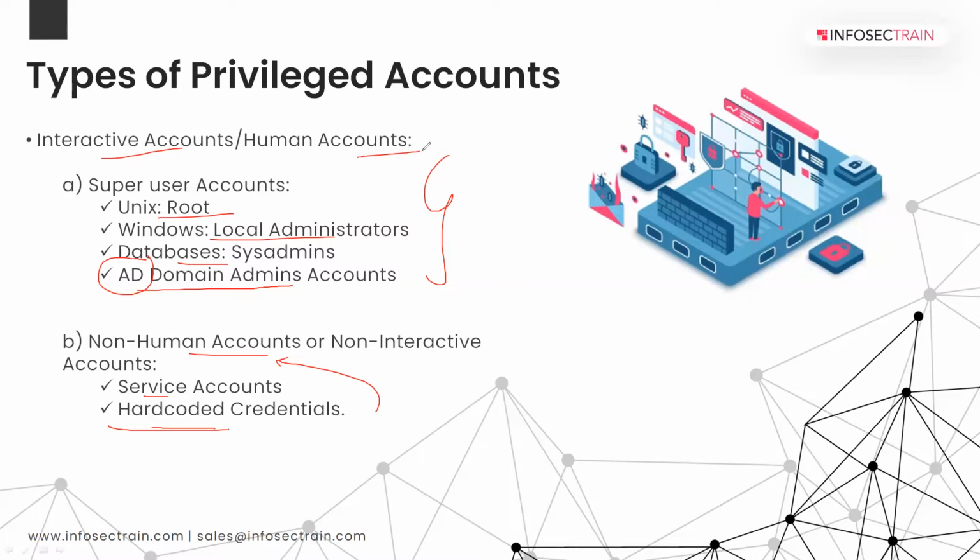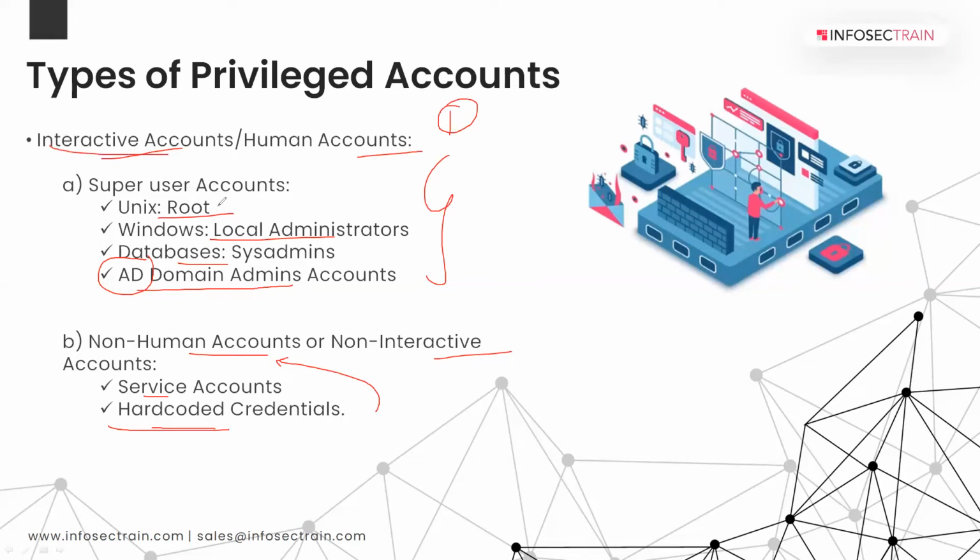Now, both of these types of accounts are privileged accounts. They are sensitive accounts. But when you implement a privileged access security solution, when you design the implementation phases of privileged access security in a running environment, the first priority is always going to be the interactive privileged accounts.